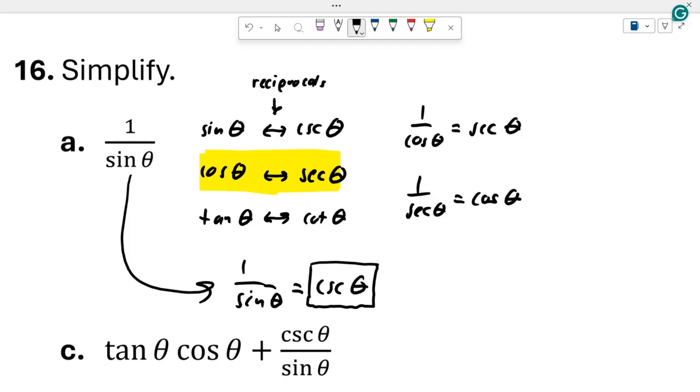On the one hand, our answer is not a fraction, so it's kind of nicer. The downside is that we have to introduce one of the other trig functions, cosecant, whereas sine and cosine are the two basic trig functions. So it could be worth keeping sine in it, even though it would be 1 over. But given the context of this problem, just trying to get you to recognize that 1 over sine can be rewritten as cosecant of theta.